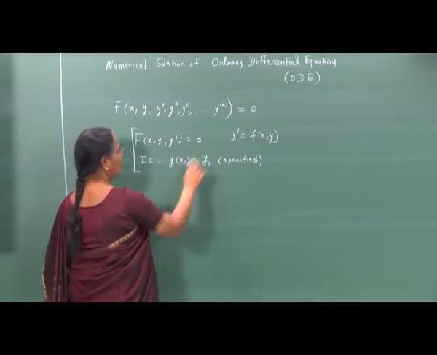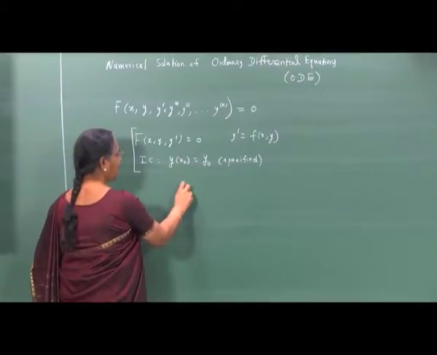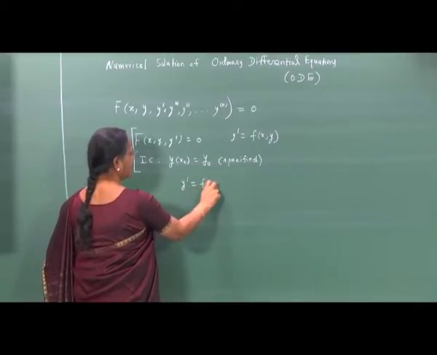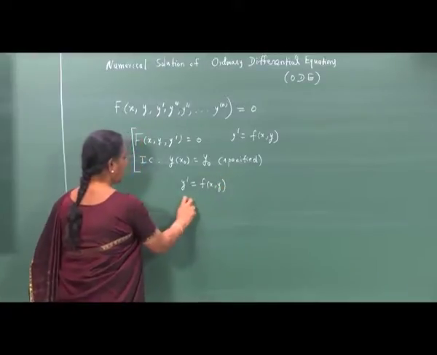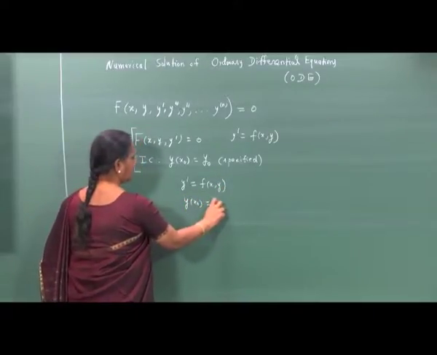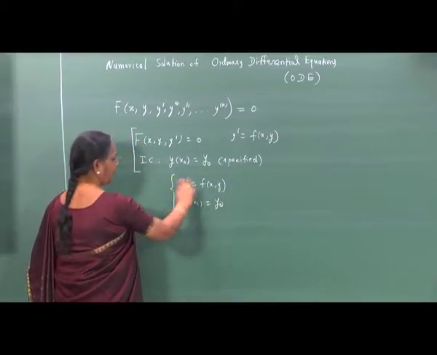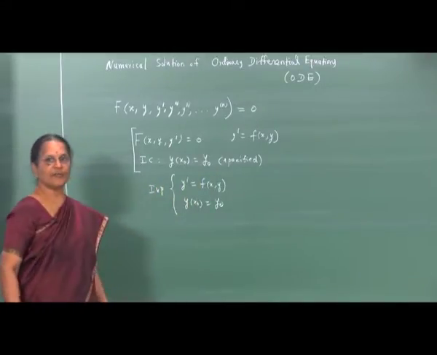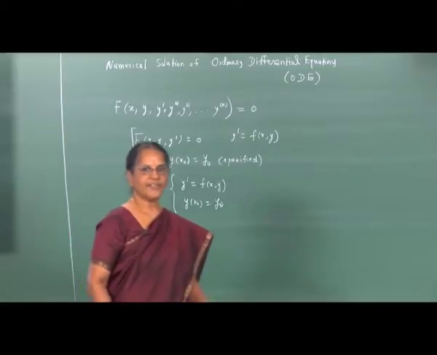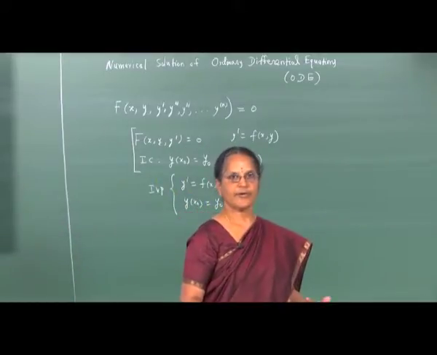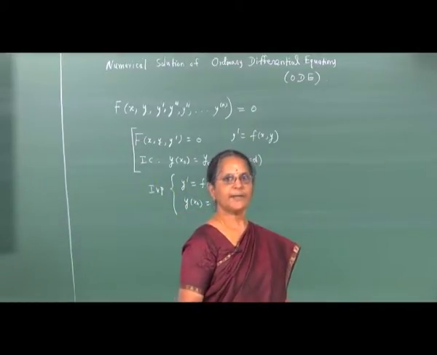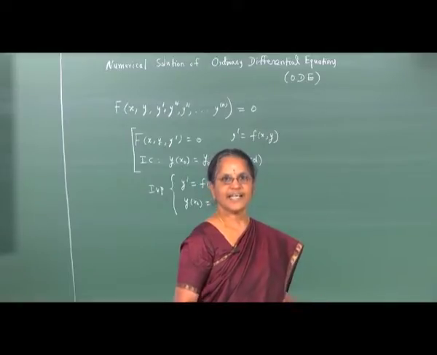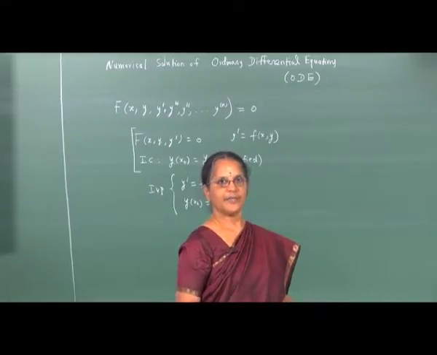So, our goal would be to develop numerical methods by means of which we solve an initial value problem of the form y prime equal to f of x comma y subject to y of x naught equal to y naught.